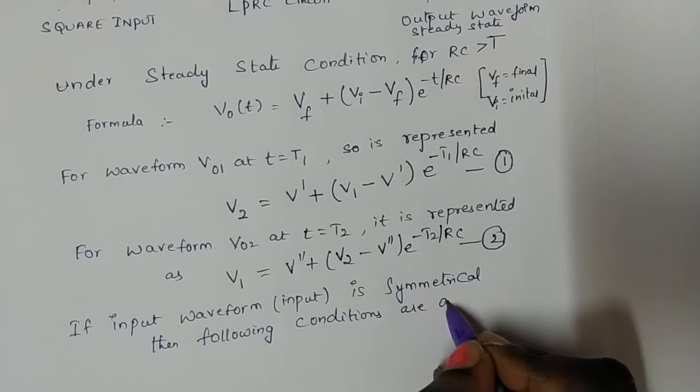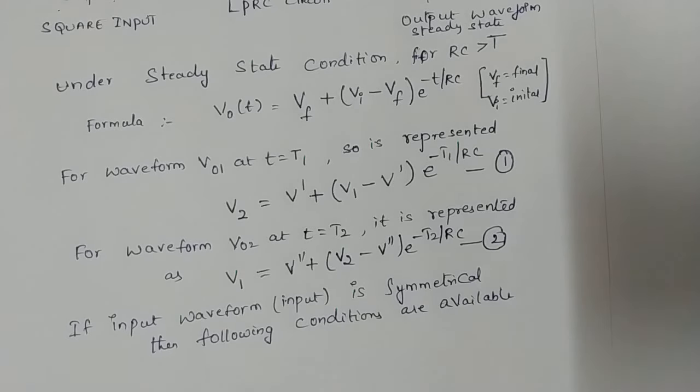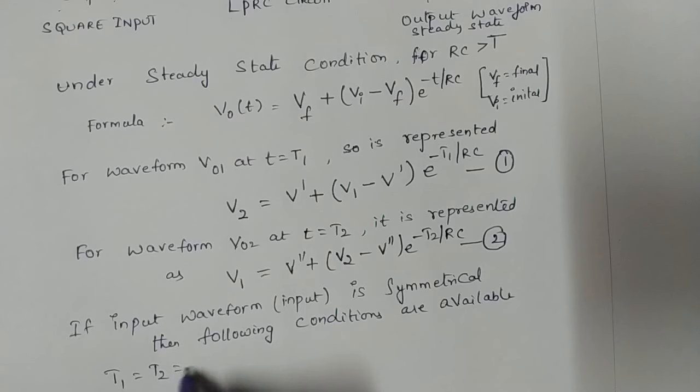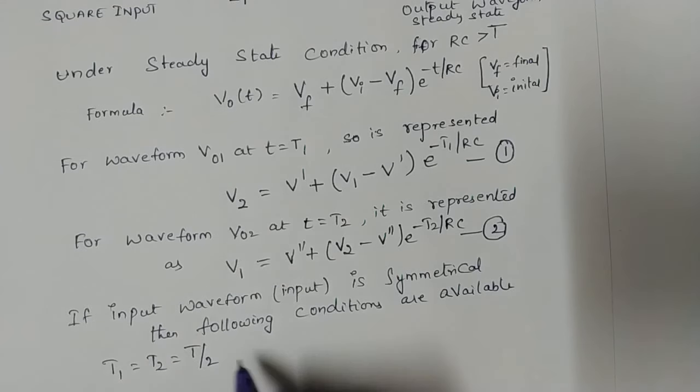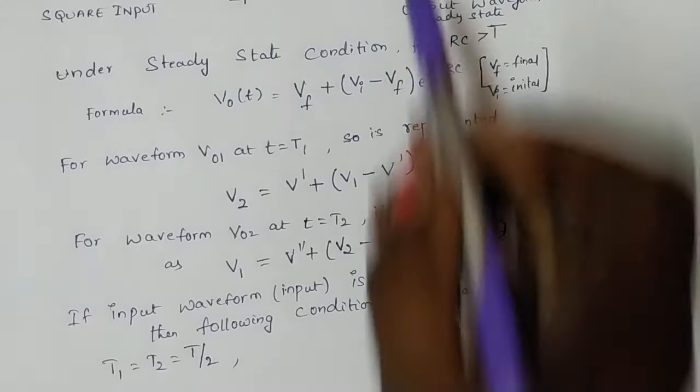What are those? The time periods t1 equal to t2 equal to T by 2, and also V dash equal to V double dash, the positive amplitude.